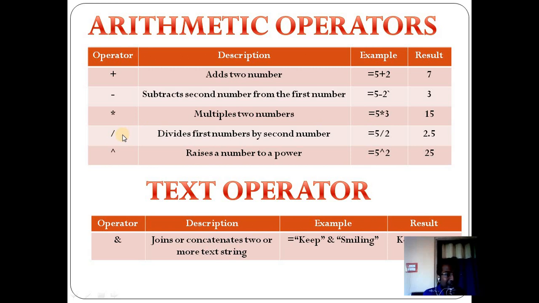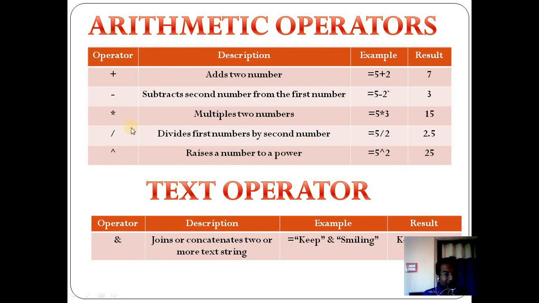And division divides the first number by the second number, so the result can also come with fractions. And raise means power. Power means the same number multiplied by itself, like 5 squared, so 5 into 5, that means 25.